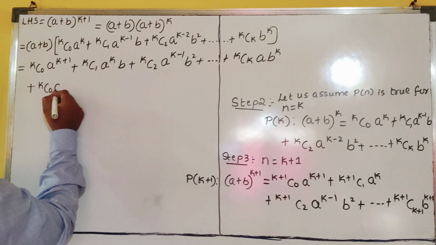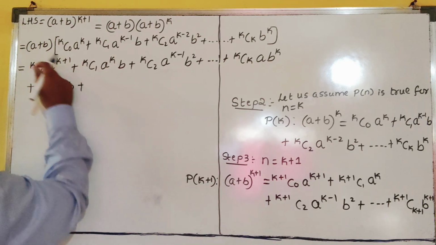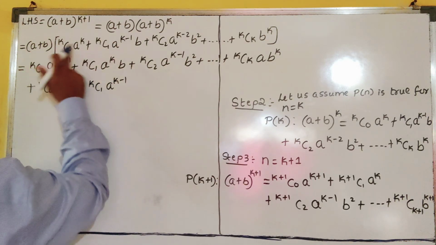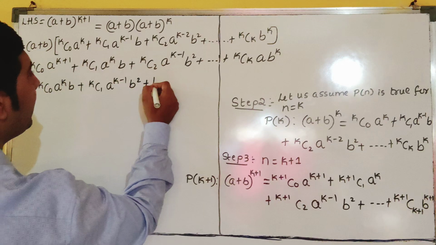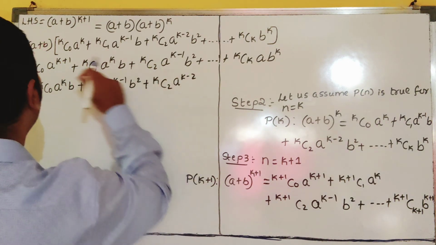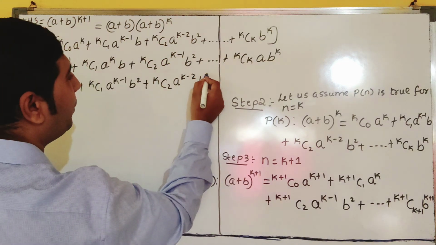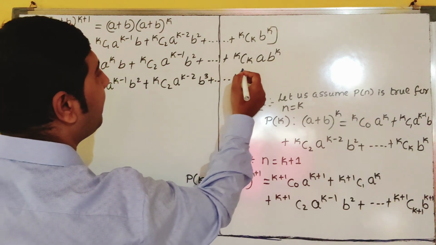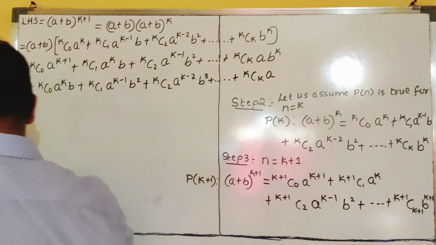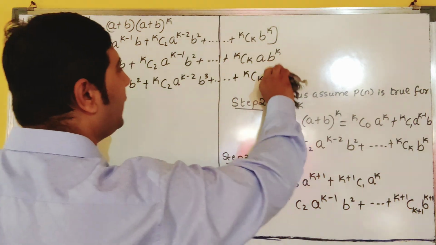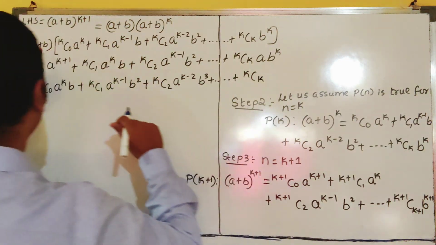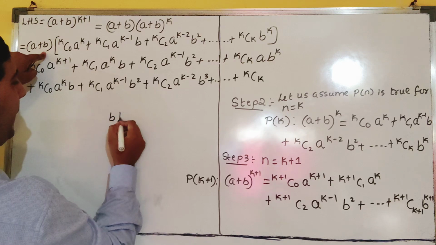kc0 a raised to k into b, yes, kc1 a raised to k minus 1 b into b square, kc2 a raised to k minus 2 b into b square b cube, so on up to kck, b into b raised to k.